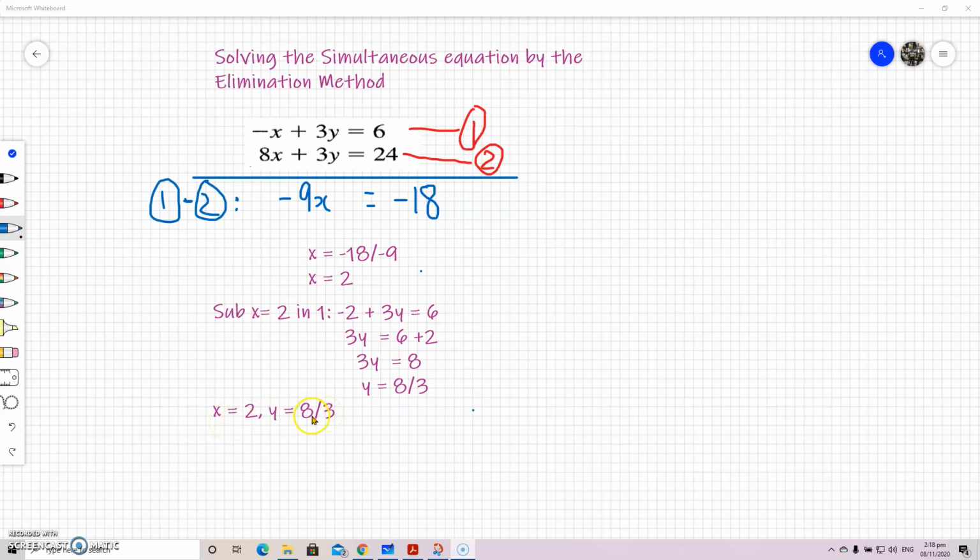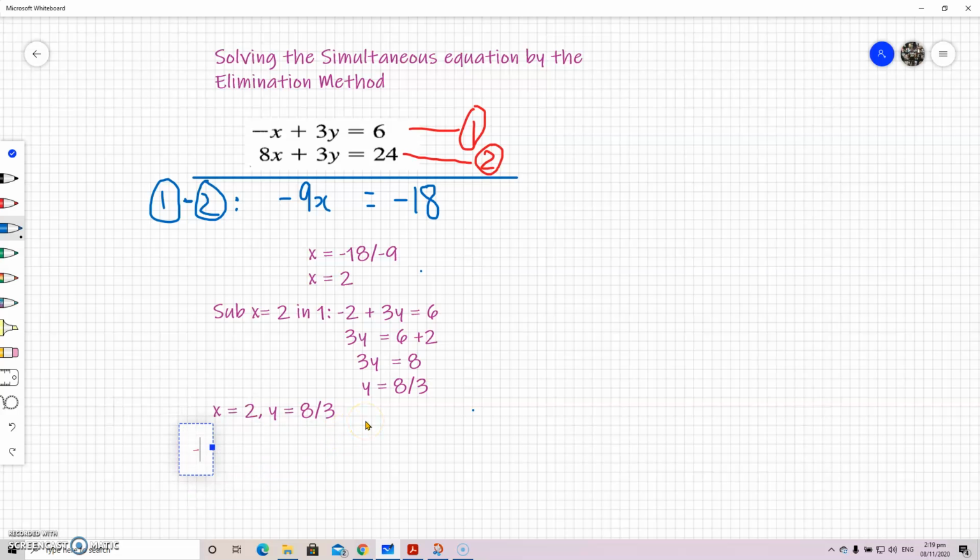Now these two values satisfy this pair of equations. If I take x equal to 2, and I take y equal to 8/3, and I substitute back into equation 1, it should be equal to 6. Let's double check.